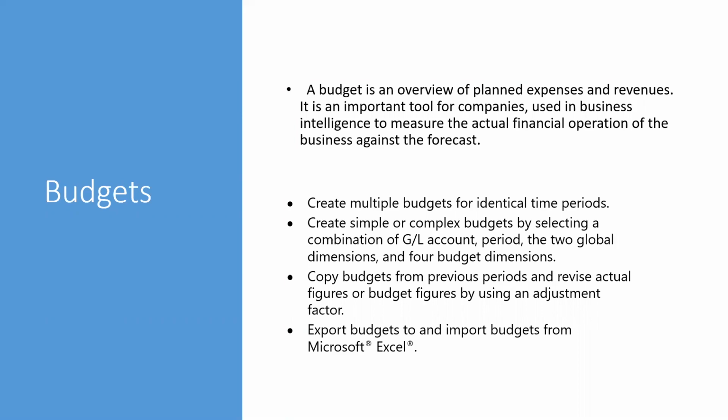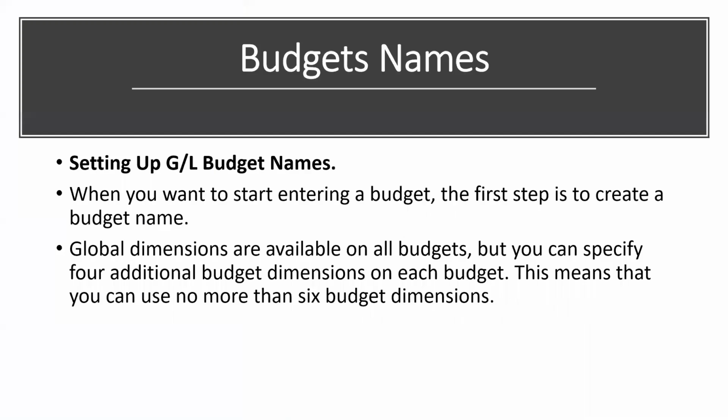The beauty of working within NAV or Business Central environments is that you can work seamlessly with Excel and Office as well. In this case, because we are working with calculations, Excel is a tool to work with when we talk about budgets.